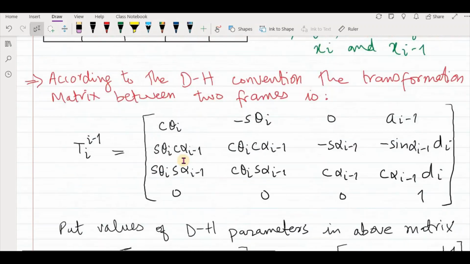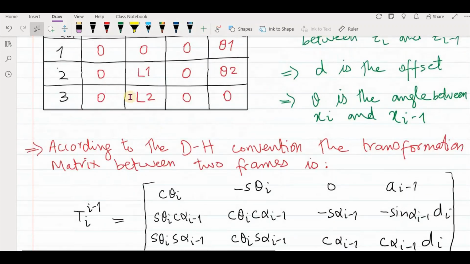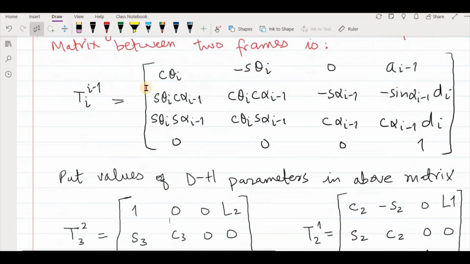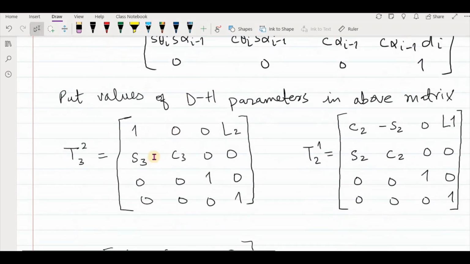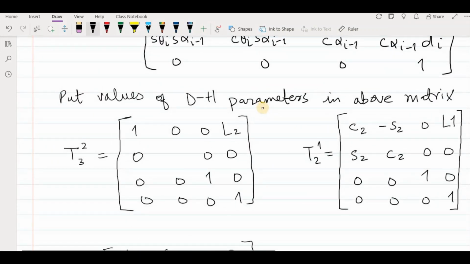Now toward the second row. Theta here is 0, so this whole term will become 0. So we put here again 0. And for this one here, cosine of 0 is 1, so we put here 1.